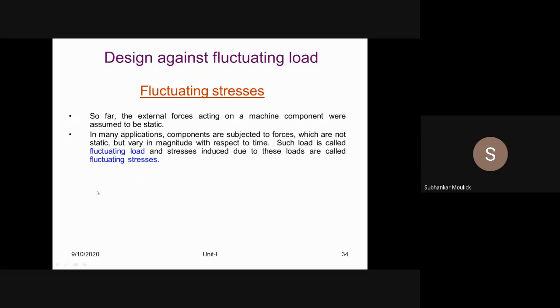So, if you have understood what fluctuating load and fluctuating stresses are, can you tell me, if you want to design any particular machine member for fatigue, which type of load you will consider? Will you consider the static load or the fluctuating load?